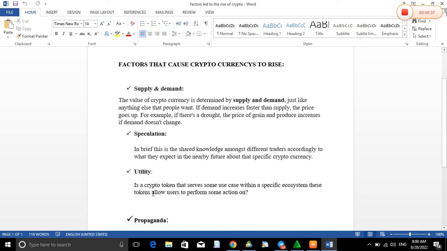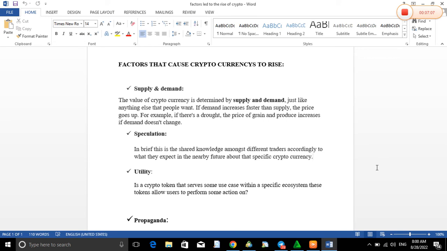Another factor, which is our third factor on this list, is utility. Now utility is a crypto token that serves some use case within a specific ecosystem. These tokens allow users to perform some action. Now remember, in the crypto market we have many types of cryptos. We have altcoins, we have tokens, we have NFT tokens, we have metaverse.